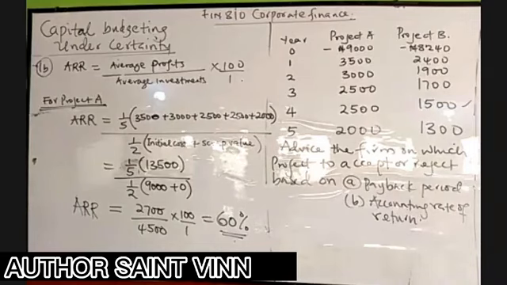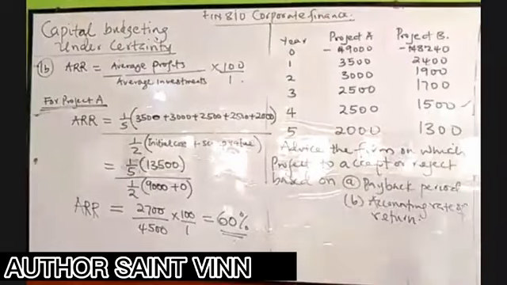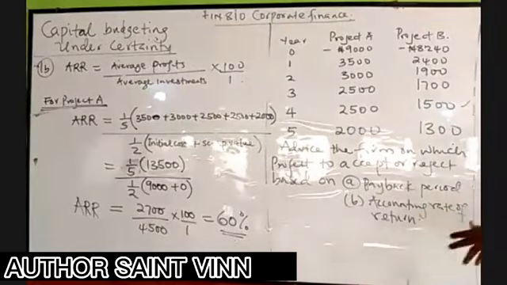Good. Which is 43% approximately. So project A is still correct, Abi.